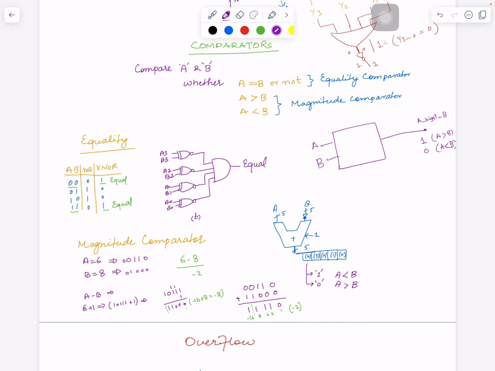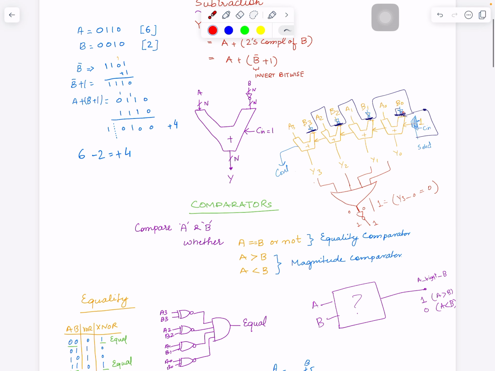So the question is how we figure this out. Think about whether using an adder we can do something like this. You're probably looking at it already, but think about how we can use the same thing, a subtractor, for that purpose.